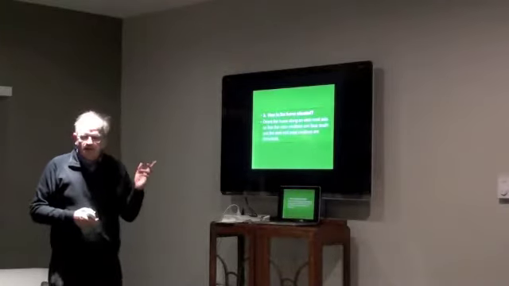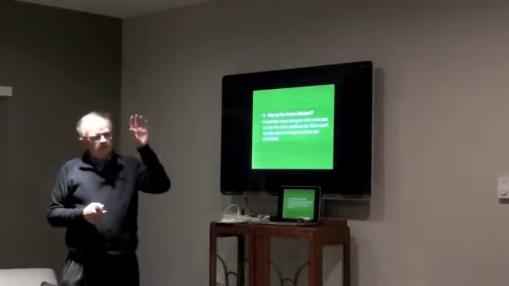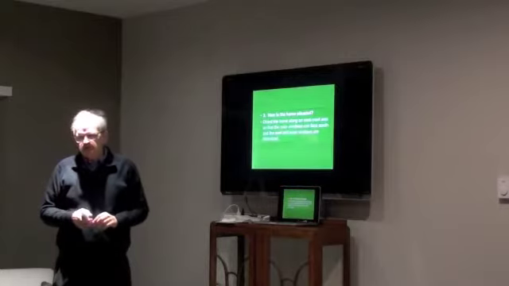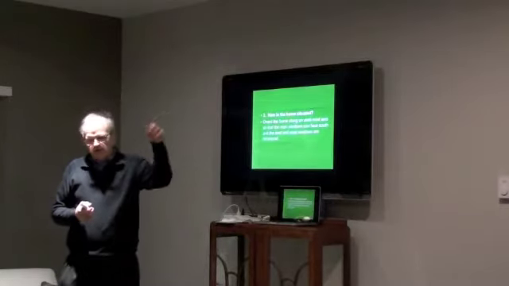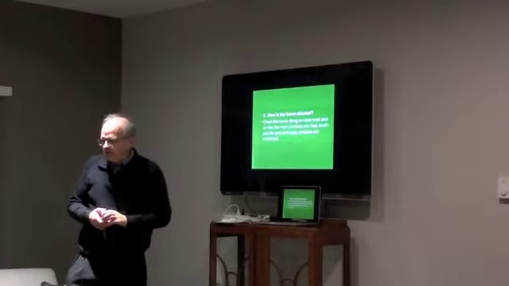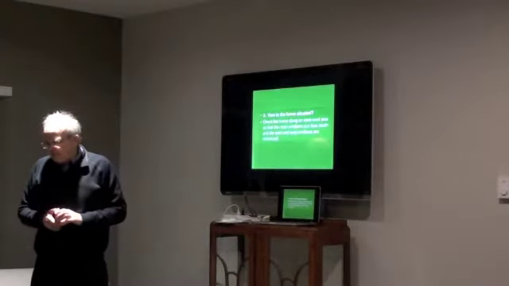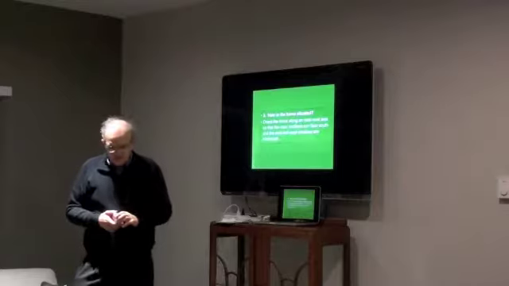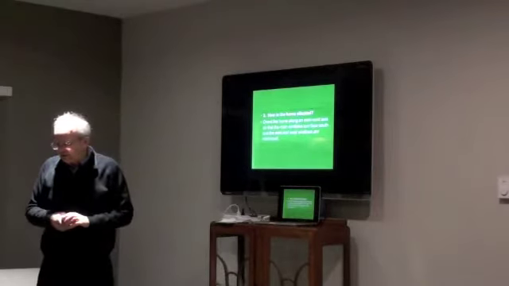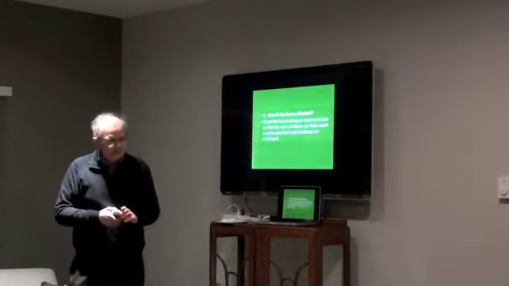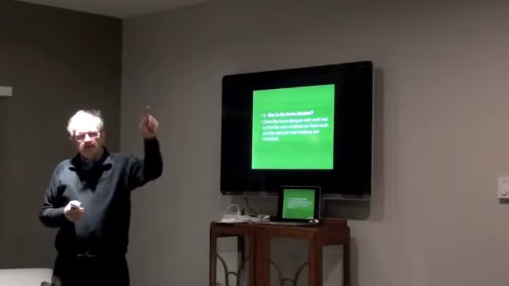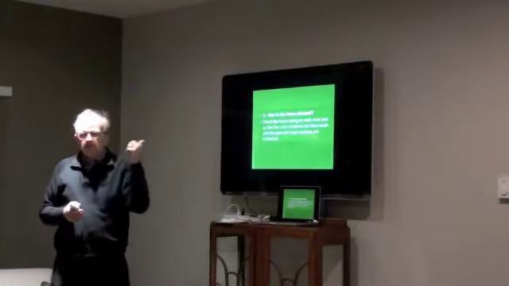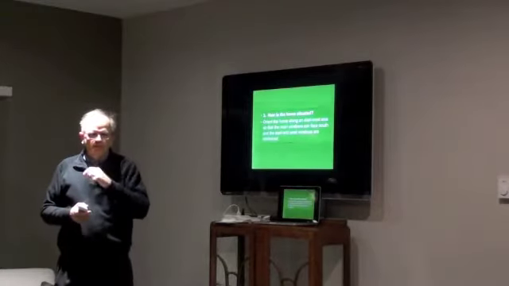Now the next thing is, how is the home situated? How are you in relation to the sun? There's two reasons why you want the house to face south. One, if the main windows are facing south, that means they're not facing west or east or north.